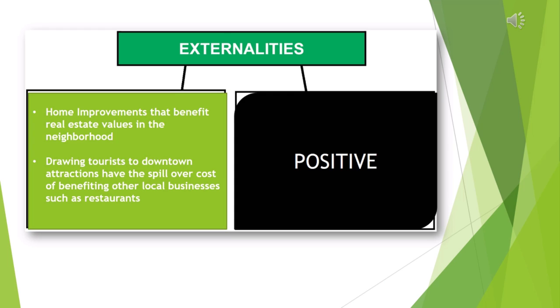So what's an example of a tourist attraction? Something like the fort downtown. So you're saying that all the people they draw there, a spillover benefit would be business to the businesses around it. So it's kind of an unintended positive spillover. Yeah. Okay, and that's a positive what? Externality. All right, good, thank you.